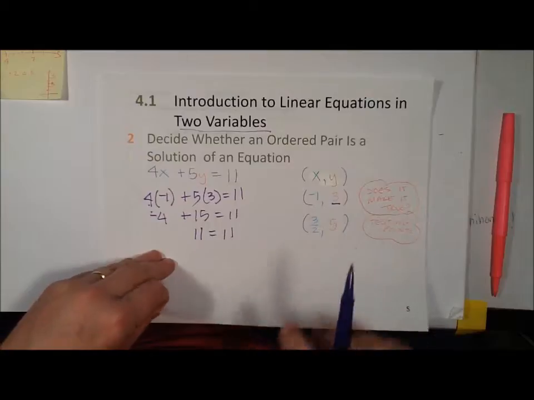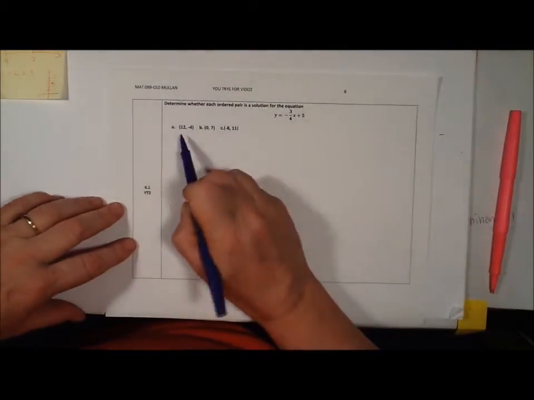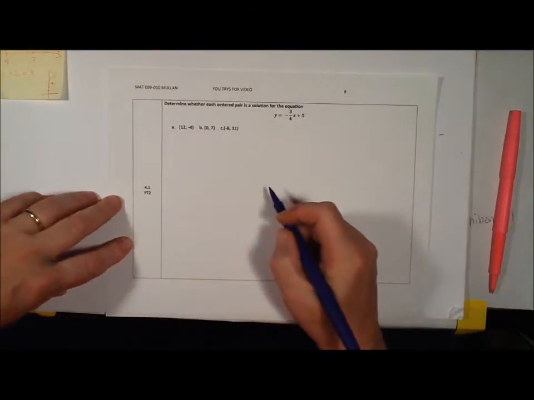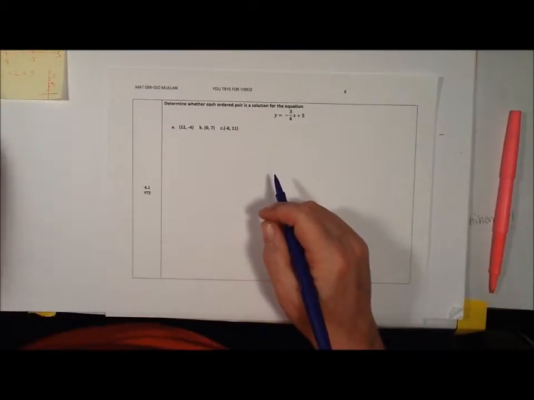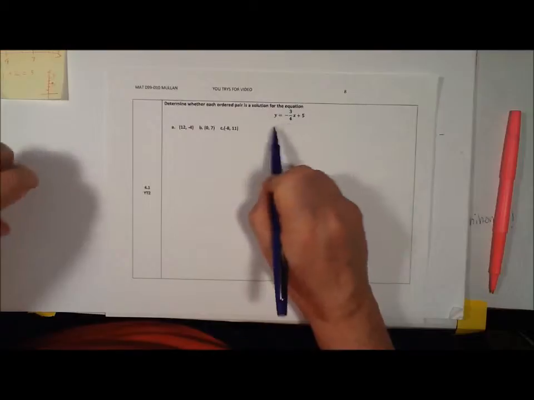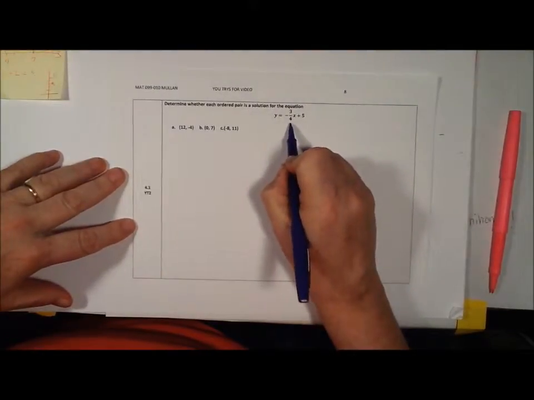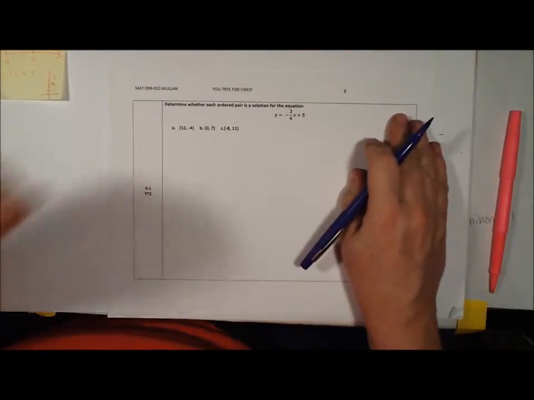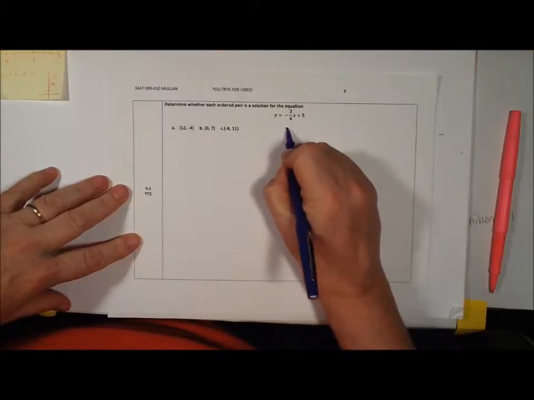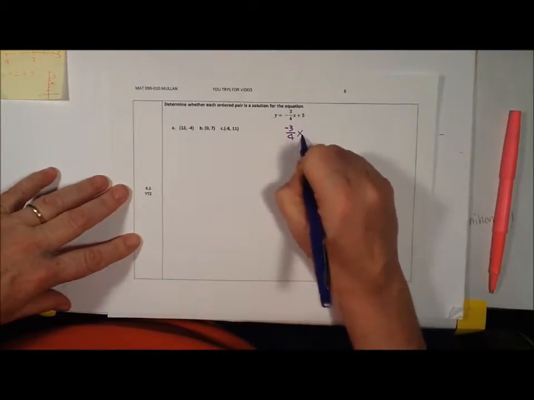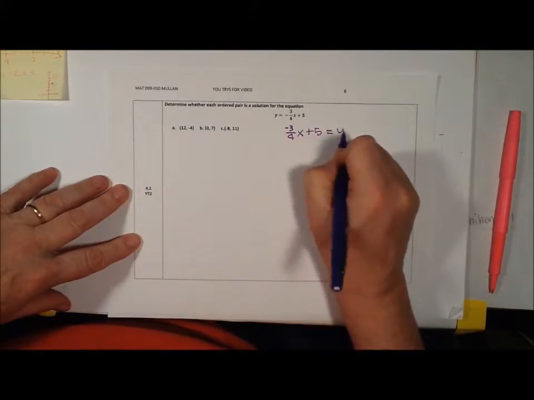So again, all I'm doing right now is testing points to see whether or not they're true. And we're going to do that on our next exercise, the next U-try. So this is number 2, and they've given you an equation and 3 points. And we have to decide whether or not these are true. Now this equation looks a little bit different than the last one, so just to make it easier on myself for now, I'm going to rewrite it a little bit so that I have my x and my y in alphabetical order. So it'll be 3/4 x plus 5 equals y.